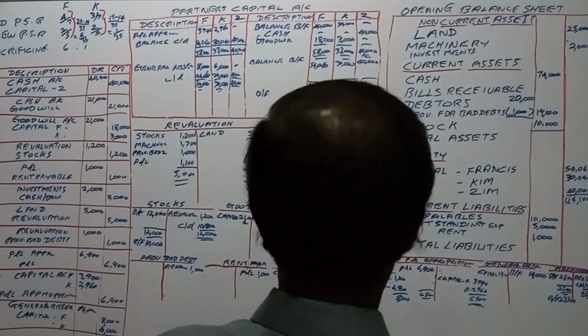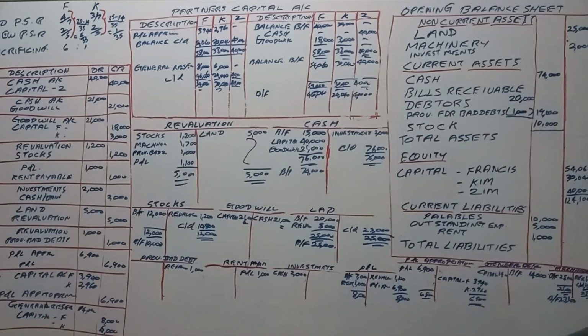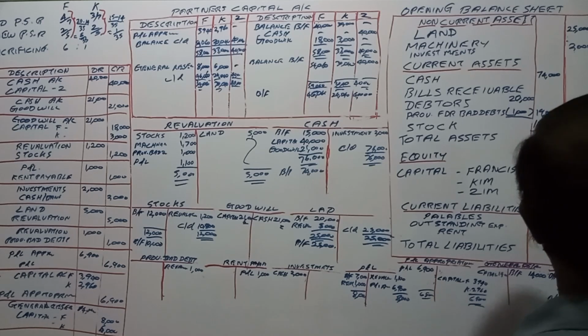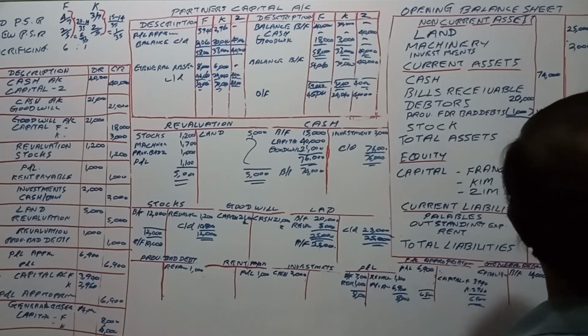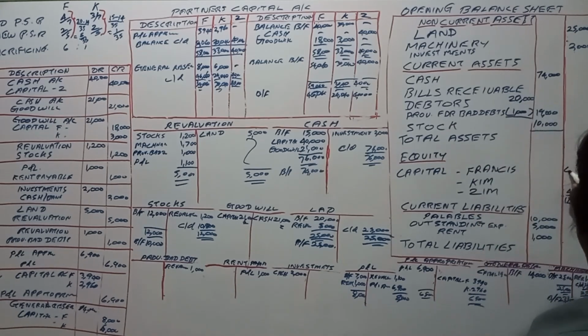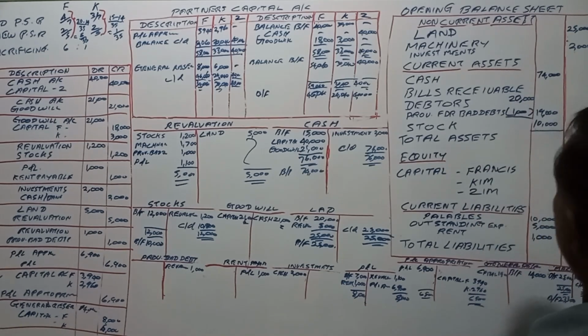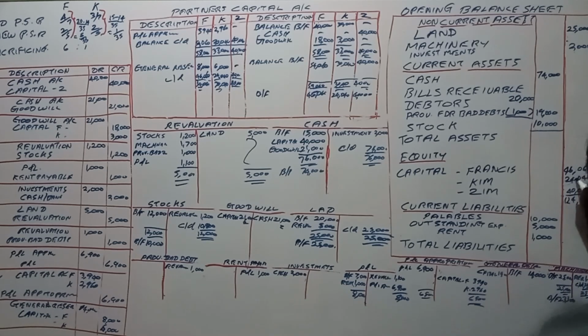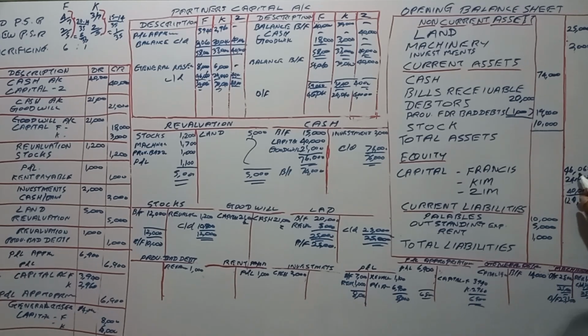It is general reserve. So what is the amount we had to put here? 46,060 and 24,040, right?